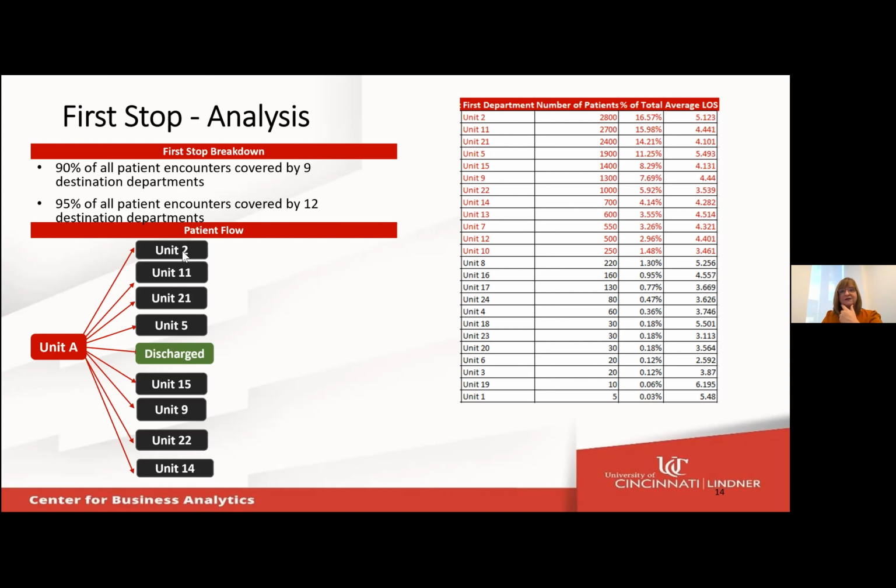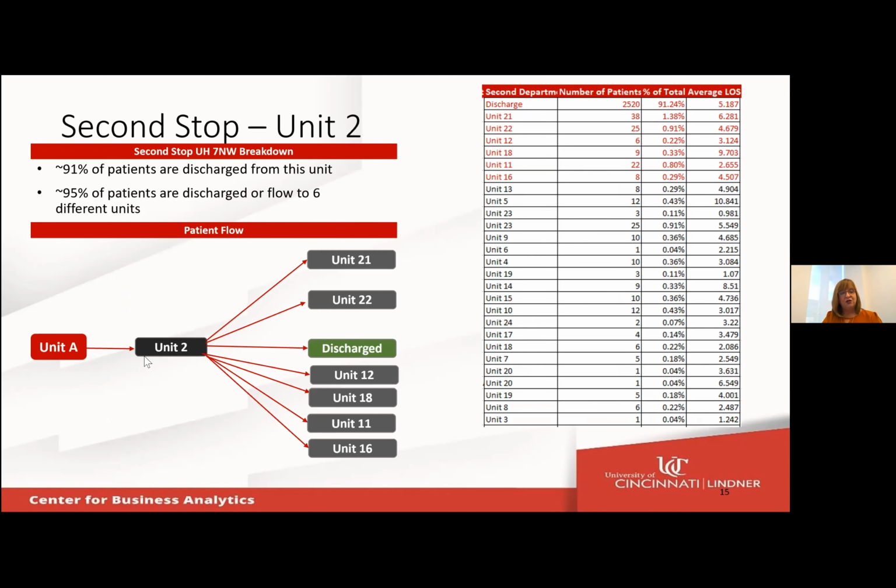So as we looked at this, this was unit A. In this example, about 16.5% of the patients would flow from unit A to unit 2. Then we took unit 2 and said, okay, if they went from unit A into unit 2, where do they go next? And then we found that unit 21 was prevalent, unit 22, actually, maybe most of them were discharged from this unit, and things like that.